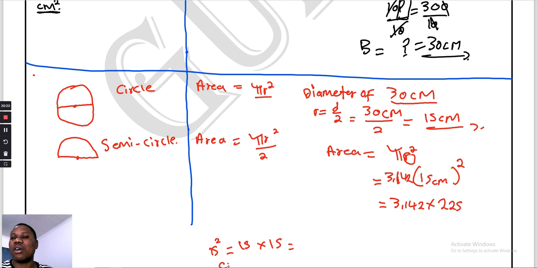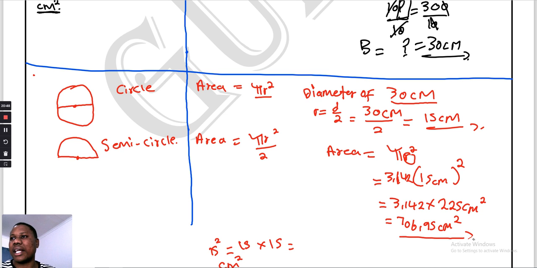The centimeters, we also square them, meaning that all of this is going to be 225 centimeters squared, which is now 706.95 centimeters squared.